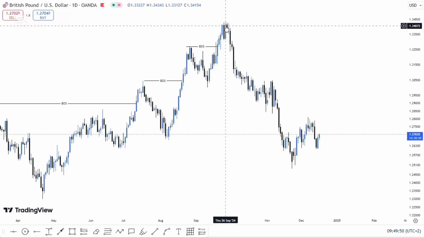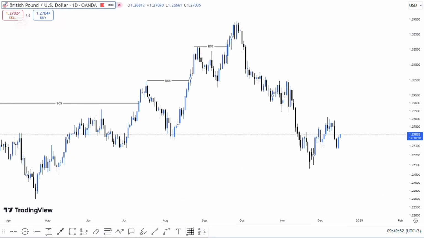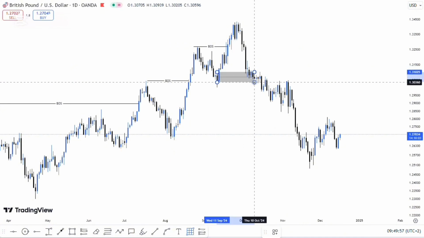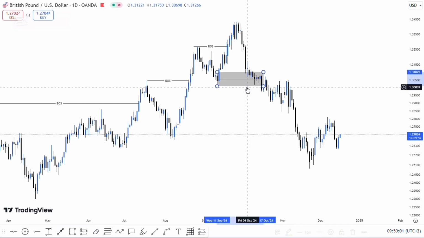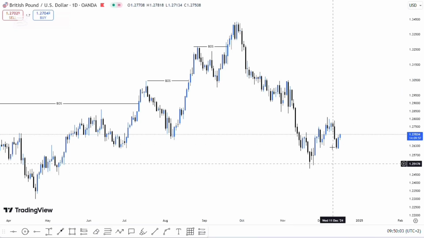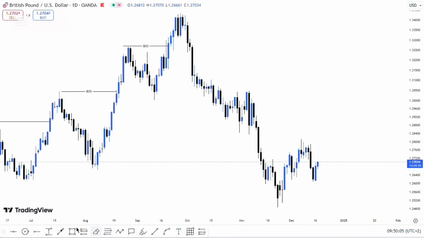Okay, so this is the last break of structure way to the upside, and the origin was right at this point, but you can see what GBPUSD decided to do. GBPUSD decided to give us a change of character, which means that the trend has changed from bullish to bearish.